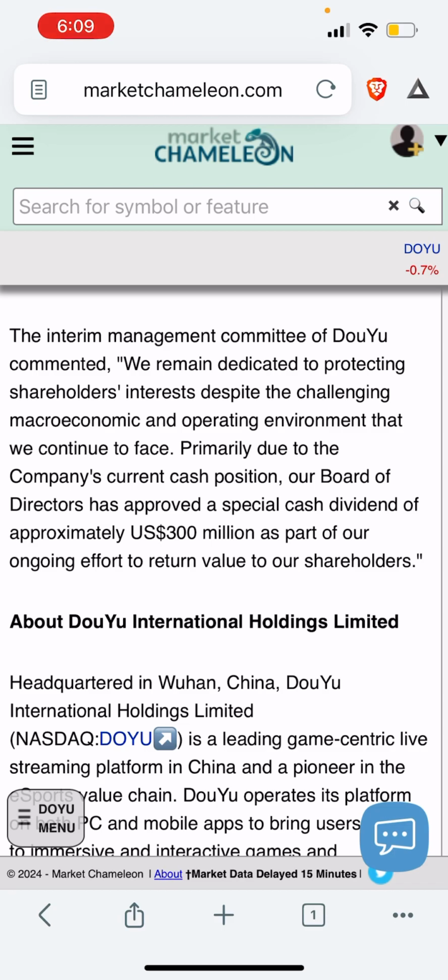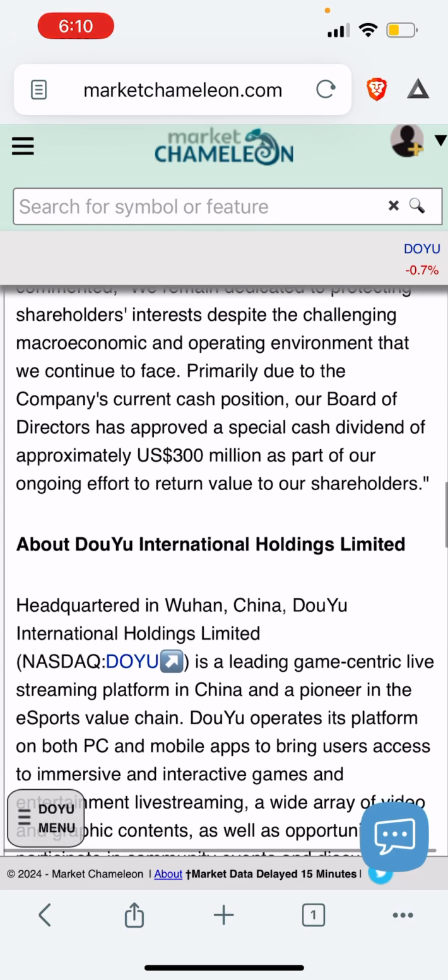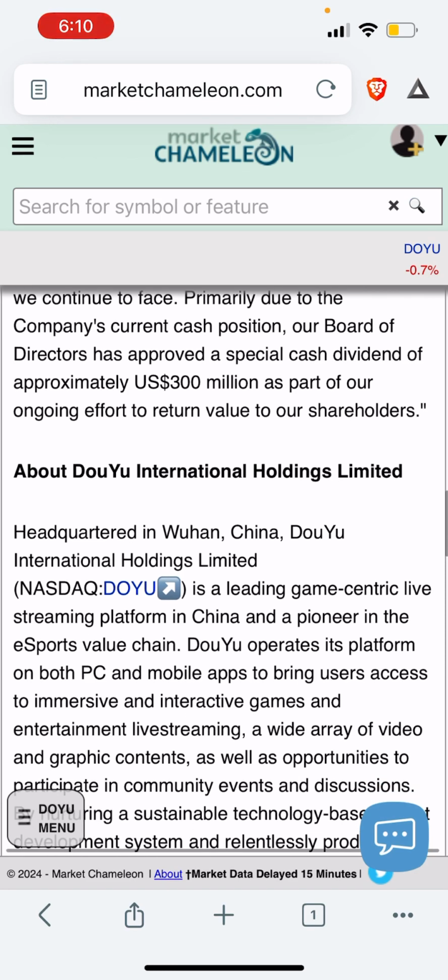Here's what they say: we remain dedicated to protecting shareholder interest despite the challenging macroeconomic and operating environment that we continue to face. Primarily due to the company's current cash position, our board of directors has approved a special cash dividend of approximately $300 million as part of our ongoing effort to return value to our shareholders.